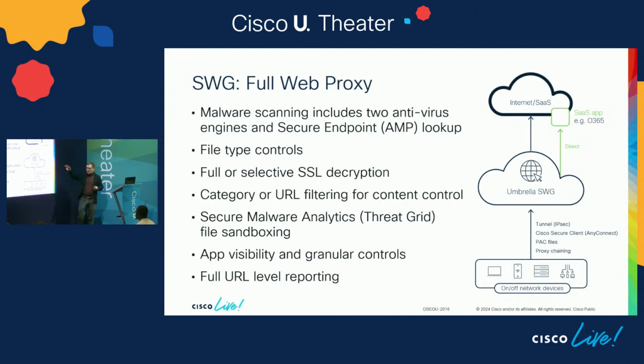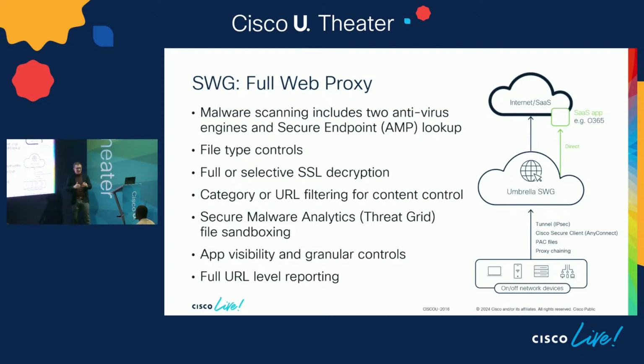So if I just quickly go through these features, let's say whenever users download any files, we can try to determine whether these files are malicious or not by sending hashes of these files up to so-called Secure Endpoint Cloud, formerly known as AMP Cloud.